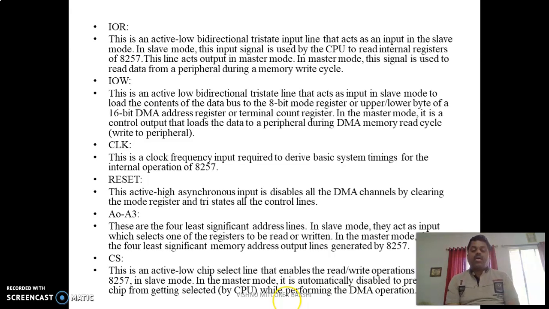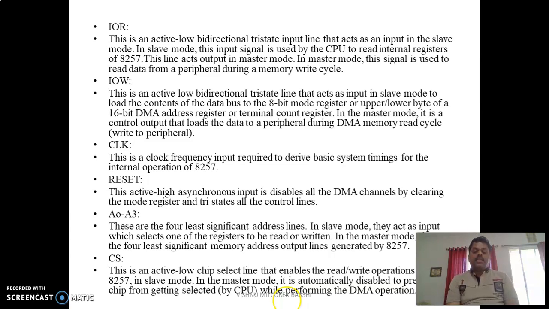CLK is used for the clock frequency which is required to derive basic system timings for the internal operation of the 8257. Reset is an active high asynchronous input which disables all the DMA channels by clearing the mode register and tri-states all the control lines.